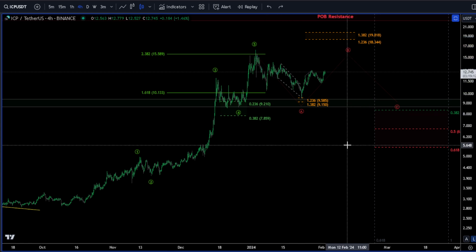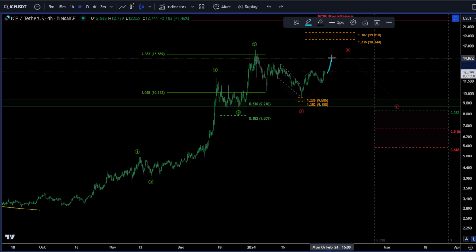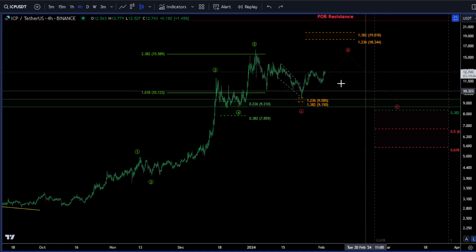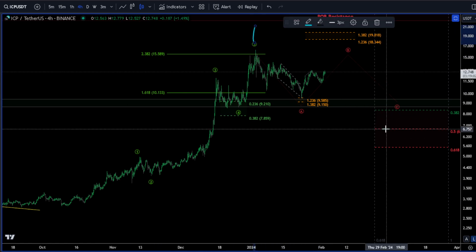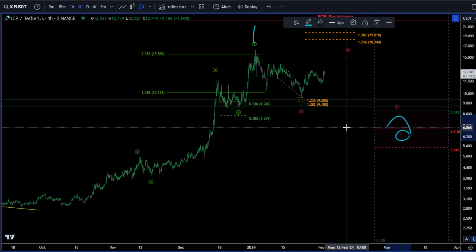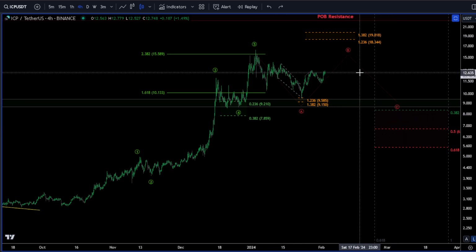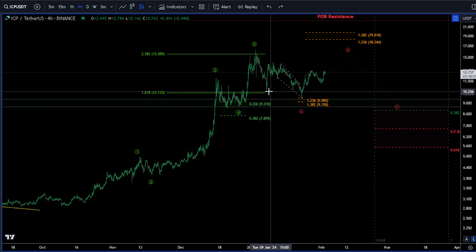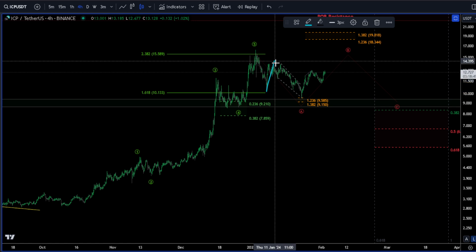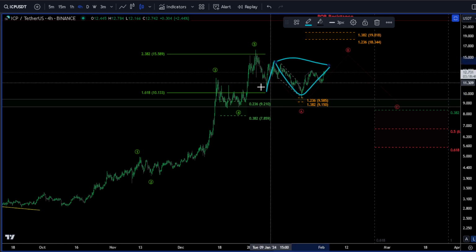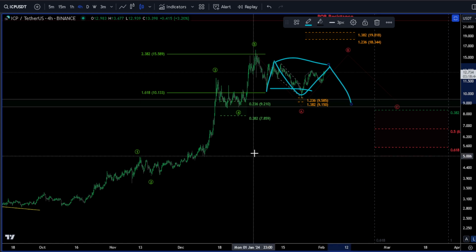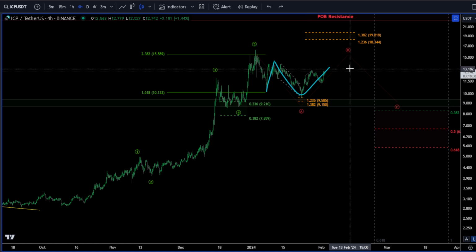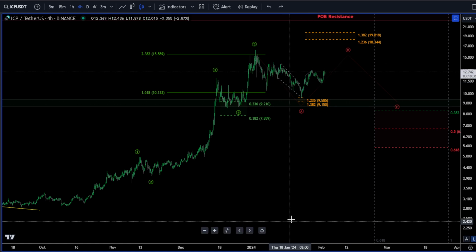So just tracking this in smaller time frames. The other option we can get here is a triangle to the upside. Unlikely though, because this would be a larger 1, 2, or an A, B. So looking at this area down here, there was one other option where our A wave was over here and we're making a running flat, and our C wave would be over here and we'd have an A, B, C. That's slowly going out the window though, just based on the smaller wave panning out here.